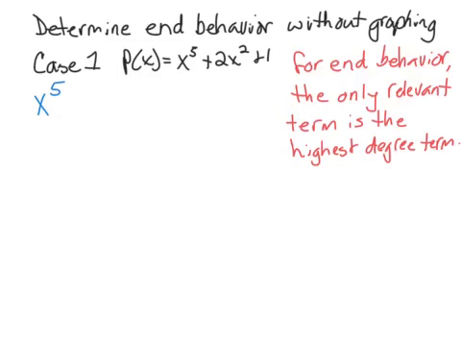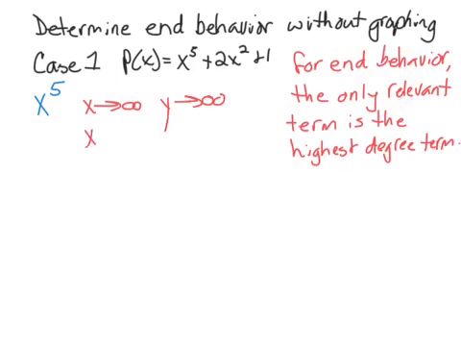So, as x approaches positive infinity, if I put any large value in here, a positive number, and I raise it to the 5th power, I'm going to get a positive number back out. So as x approaches positive infinity, that means my y value would also approach positive infinity. Because if you take any number, 10 to the 5th, going to be positive. Any positive number, like 100 to the 5th, going to be positive. That's all you care about.